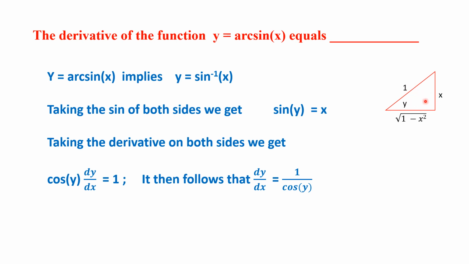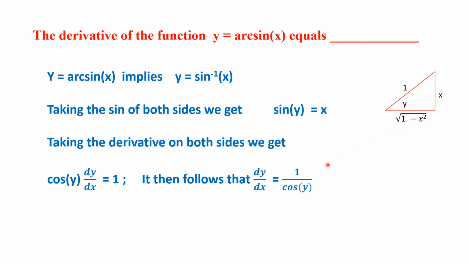So sine y is equal to x divided by 1, which is equal to x. Sine y equal to x, so this triangle represents this, so we could also extract cosine y from it. Since this is 1 and this is x, the adjacent to y is the square root of 1 minus x squared.